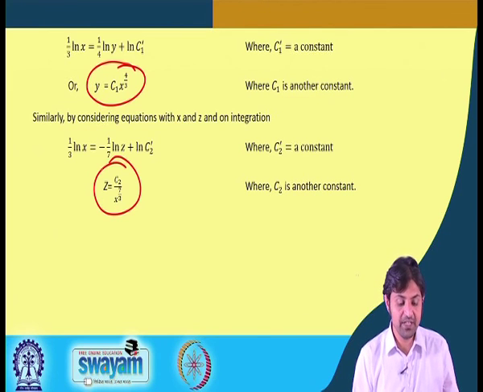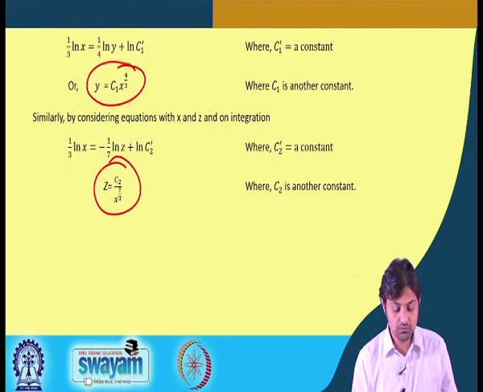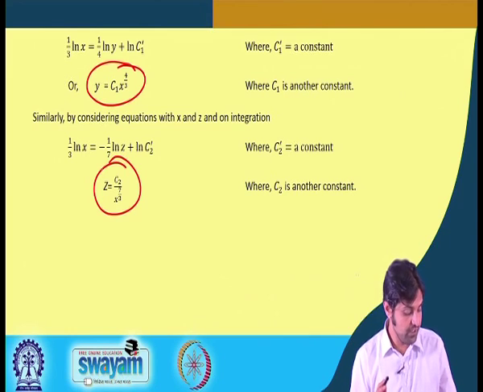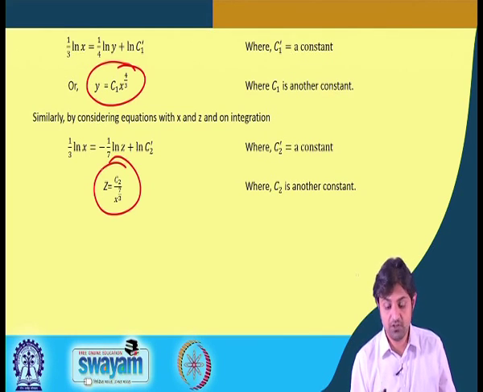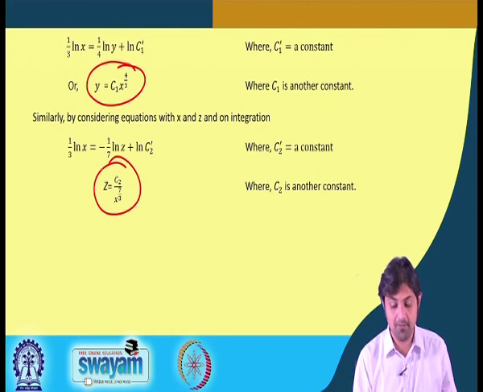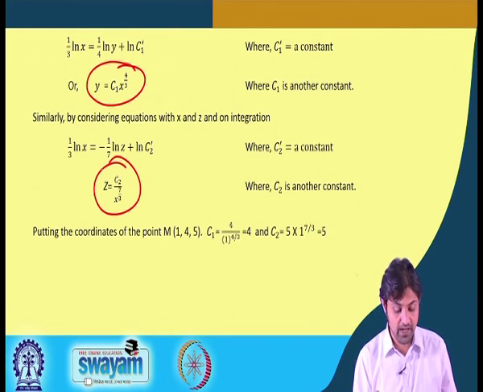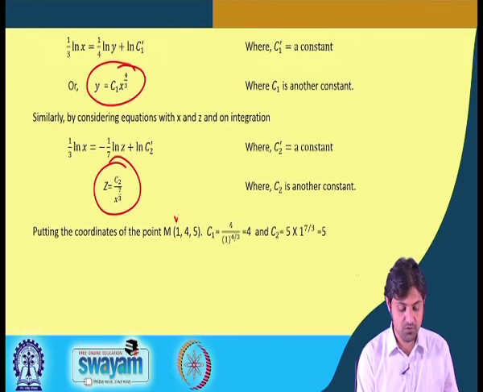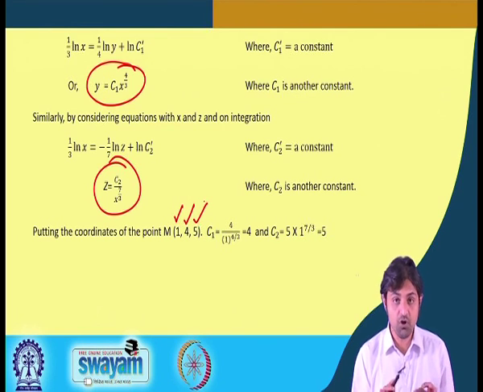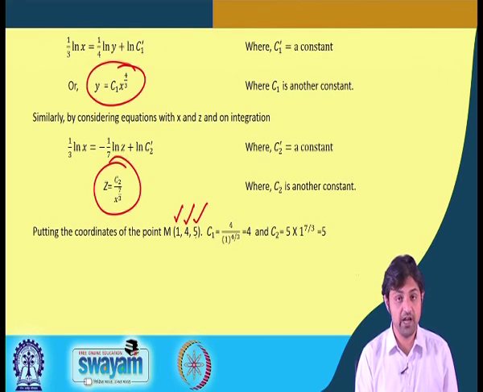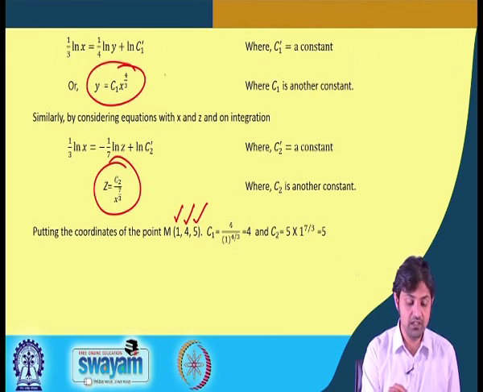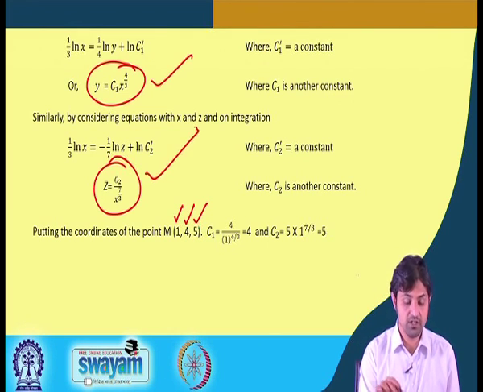Now we need to obtain c1 and c2. We were asked to find the equation of the streamline which passes through a point M, where the coordinates of M were given. X was 1, y was 4 and z was 5. This also means that 1, 4, 5 should satisfy both of these equations.